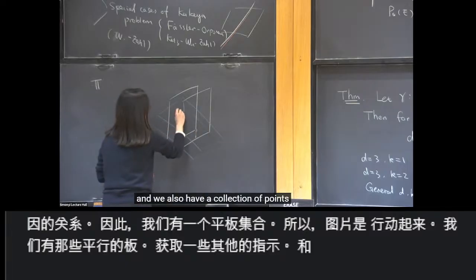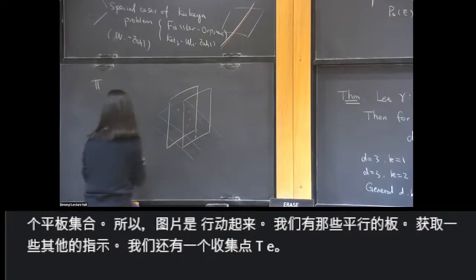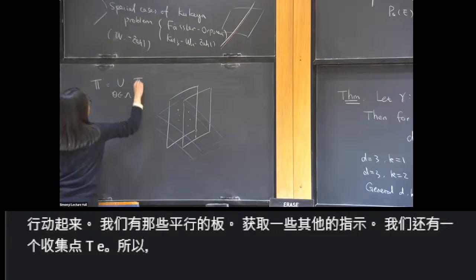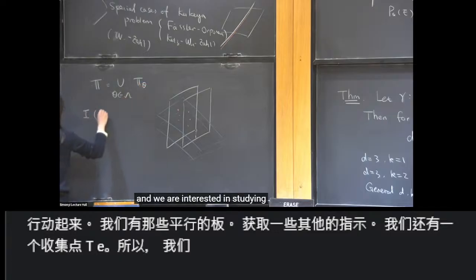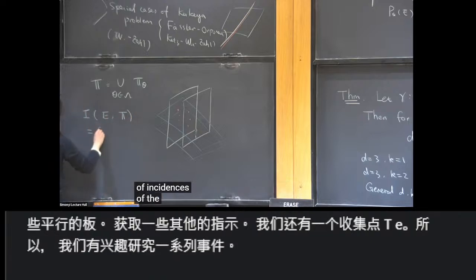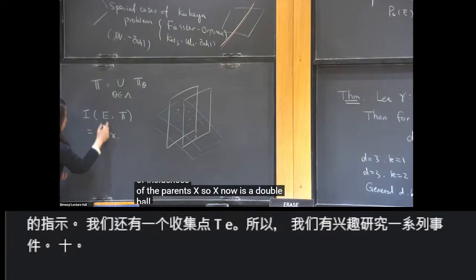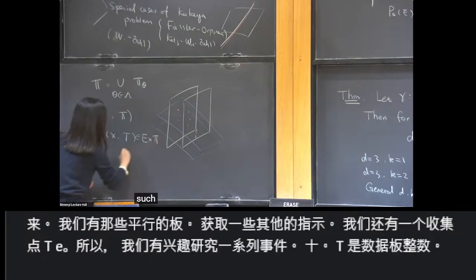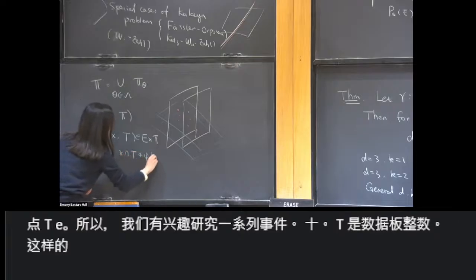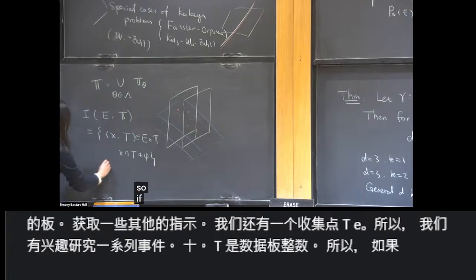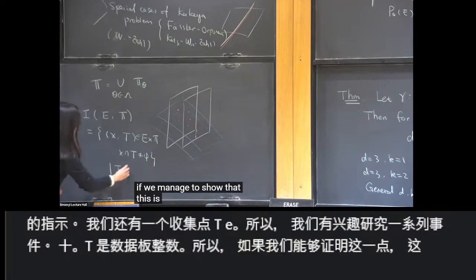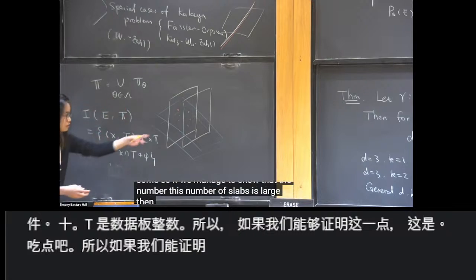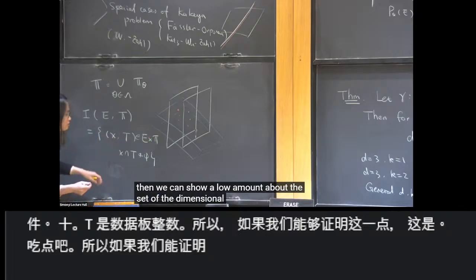And we also have a collection of points E. We are interested in studying the set of incidences, that's the pairs (X, T), where X is a delta ball in E, and T is a delta slab in T, such that X intersects T. If we manage to show that the number of slabs is large, then we can show a lower bound about the dimension of projections.